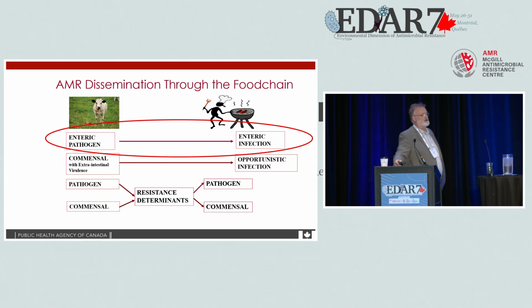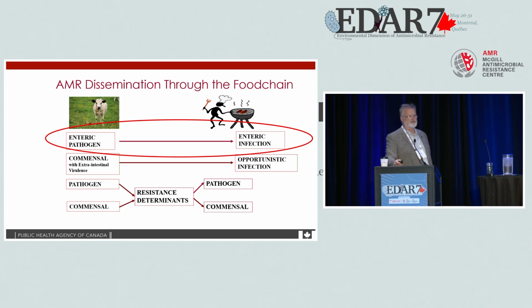We would then try to move on to look at commensal bacteria, say E. coli, Enterococcus, Staph aureus, etc., that are essentially commensal or non-pathogenic in the gut, but can go on and cause infection when they get extraintestinal, causing an opportunistic infection.